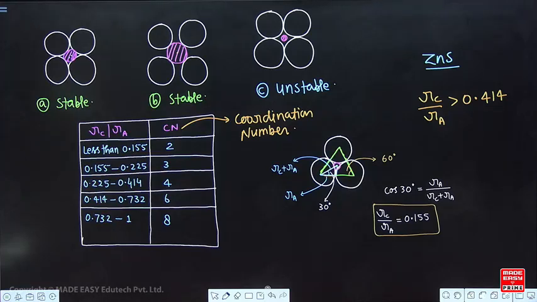For a specific coordination number, there is a minimum Rc by Ra ratio for which this cation-anion contact is established.